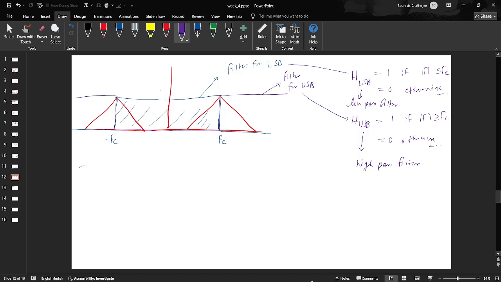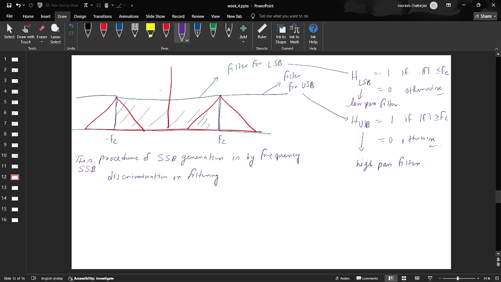And this procedure of SSB generation is by frequency discrimination or filtering.